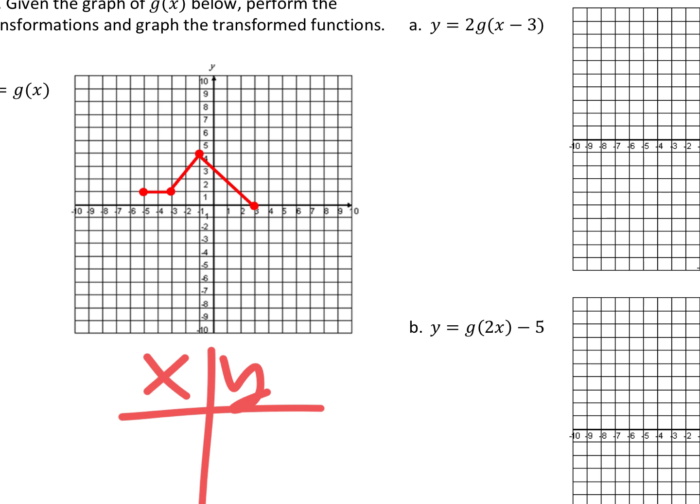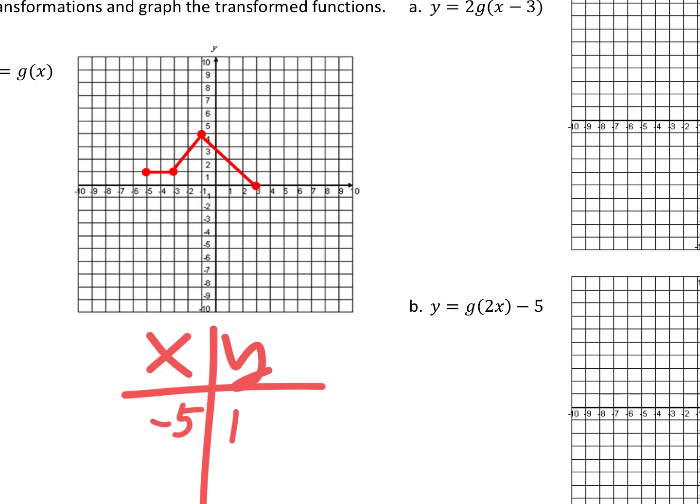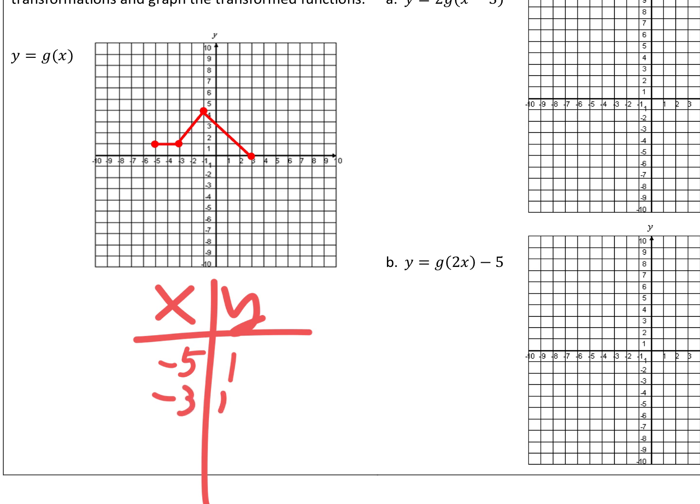Let's list them together. -5, 1. -3, 1. The numbers are in kind of a weird spot, but I think that's -1, 4. Do you guys agree? Okay. And 3, 0.